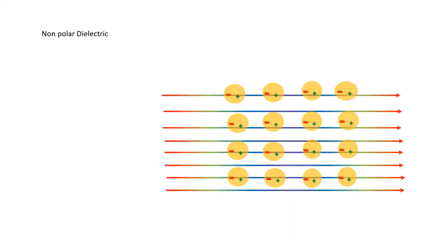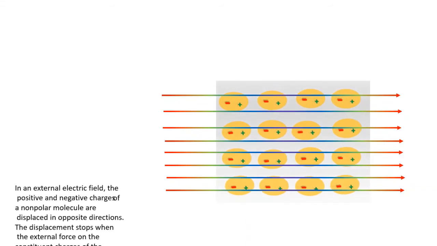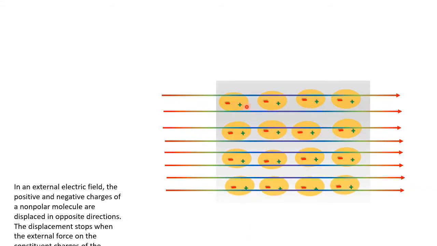When an electric field is applied, what happens to this non-polar dielectric? Let us see. The positive and negative charges of the non-polar molecules are displaced in opposite directions and develop a dipole moment.